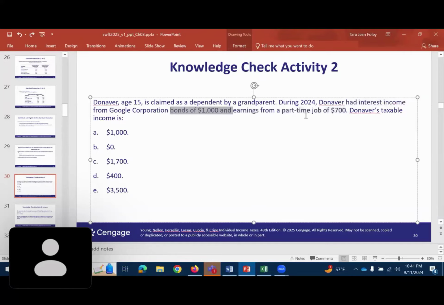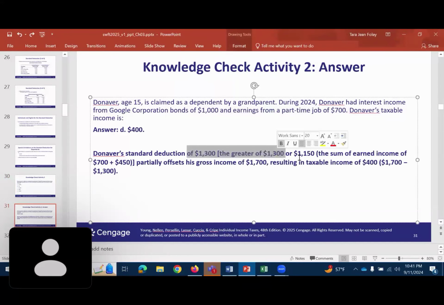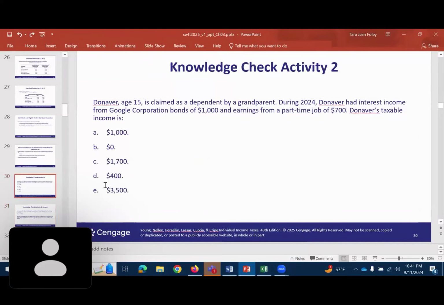The $1,000 and the $700 is $1,700 minus the standard deduction. The standard deduction is the greater of $1,300 or $1,150, which is the 700 plus the 450. So what's greater, $1,300 or $1,150? $1,300. He made $1,700. 1,700 minus 1,300 is 400. So the answer is D.